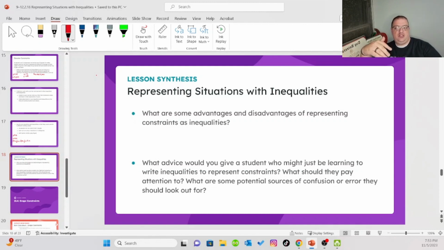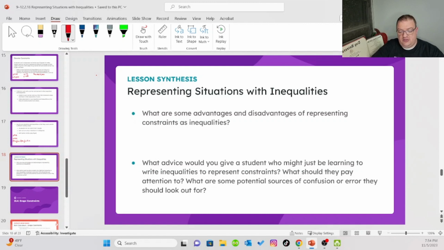It needs to be less than, or greater than, or less than or equal to, or greater than or equal to. So there is more flexibility. However, this could also be a disadvantage because now we don't always have an exact value. Now we might run into vague values that we don't truly know.